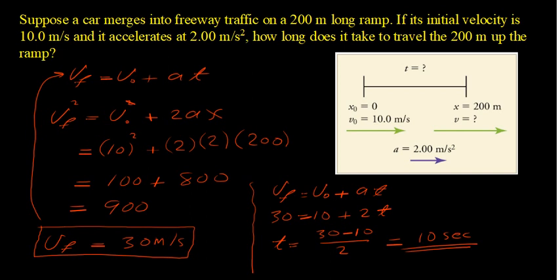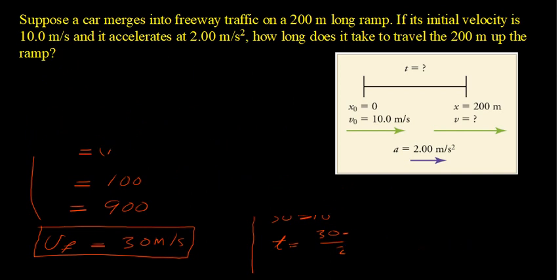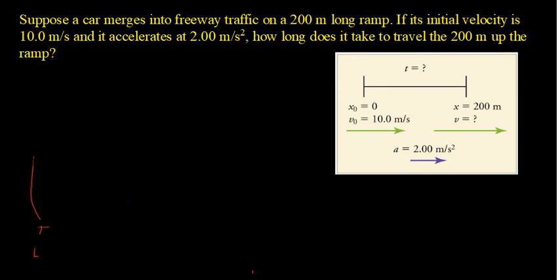It's the same example. I'll erase all this, and I'll show you the other way. It's more of a mathematical way to solve this problem, rather than purely using the kinematics equations we have in physics.